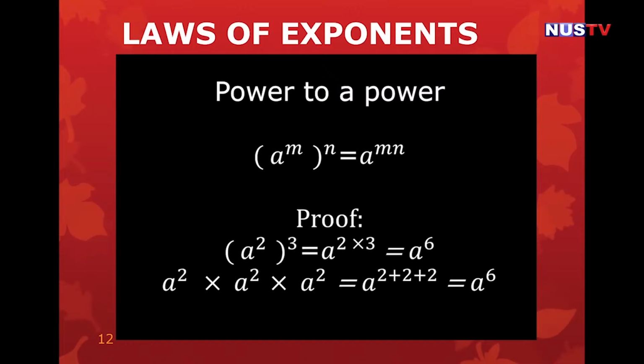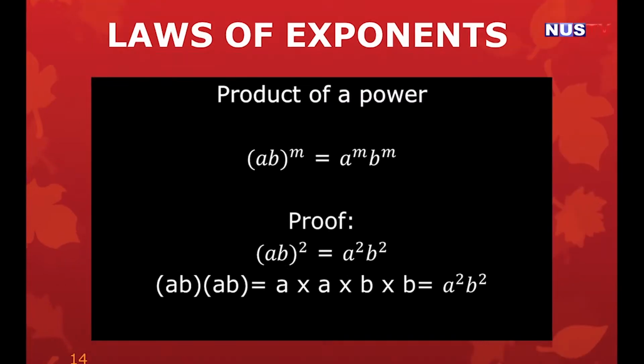So you add all those powers. Remember the law of the product of powers: when you are multiplying, you add the power. So you add 2 plus 2 plus 2, and that gives you a to the power of 6. Alright? So let's move on to another law of exponent.